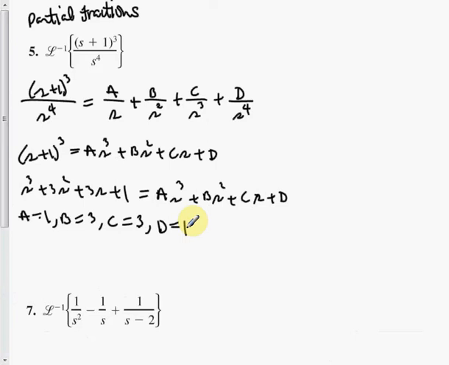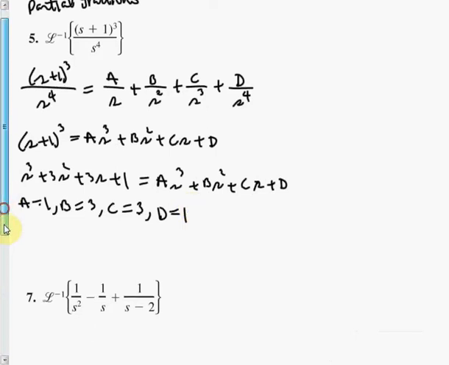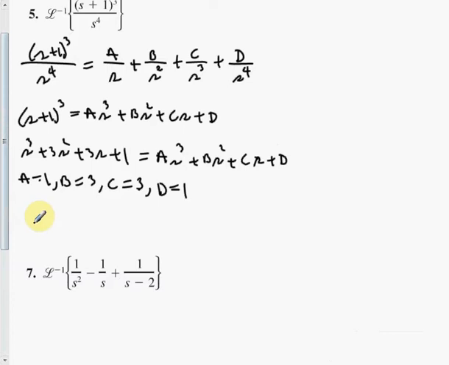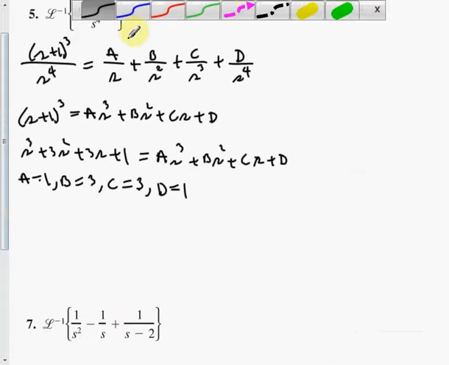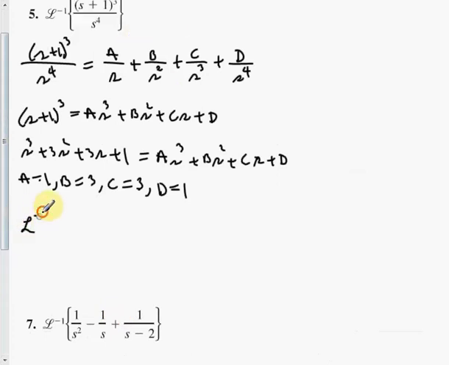So is everybody with me on that? Okay. So what we do is we go back to the problem. Pull this down. I need more space. So this problem is the inverse transform of (s plus 1) to the third over s to the fourth.